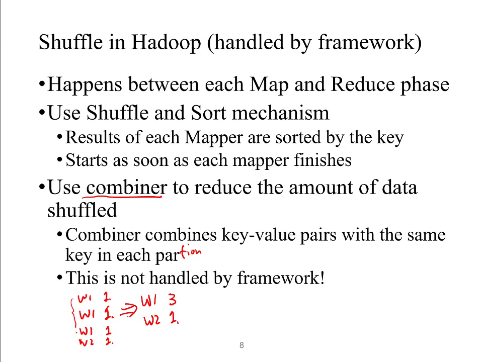However, this is for word count. But what if we want to compute the average, right? So we have W1 2, W1 3, and on the other hand W2 4, W2 5, W2 1.